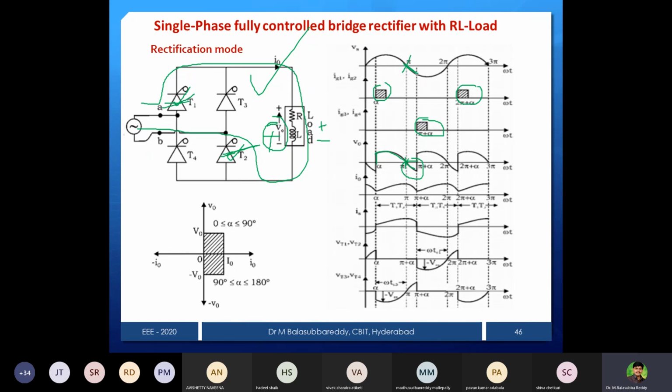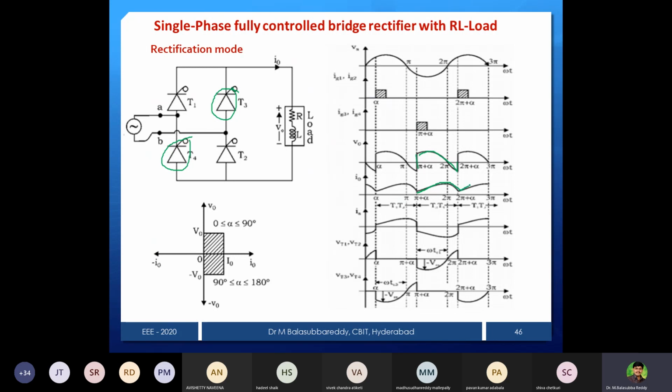How long is it conducting? Let it be a large inductor, it will continue to conduct up to pi plus alpha. Once it reaches pi plus alpha, the next set of devices are forward biased, supply is negative, and then automatically T3, T4 start conducting. So from pi plus alpha onwards, T3, T4 carry the current up to 2 pi, then it decreases.